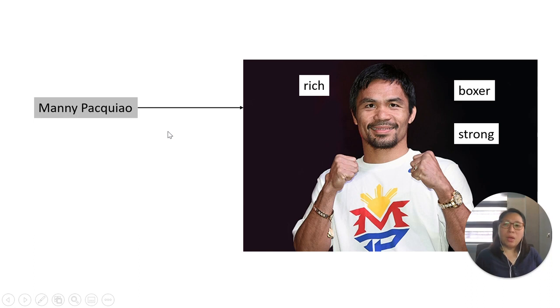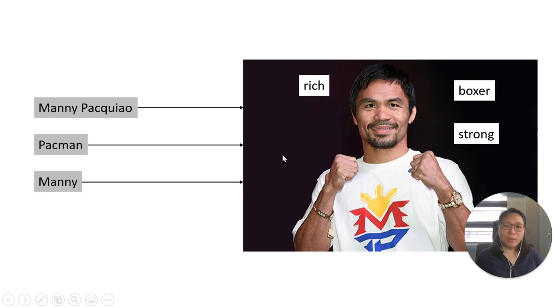We also call him Pac-Man. Some people know him as Manny. Some people know him as Senator Manny. All these names refer to the same person, Manny Pacquiao. So these are what we call aliases.